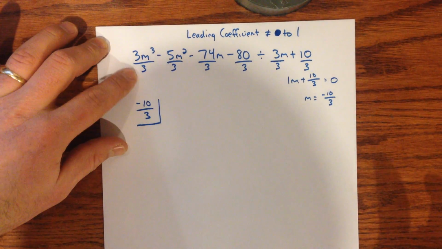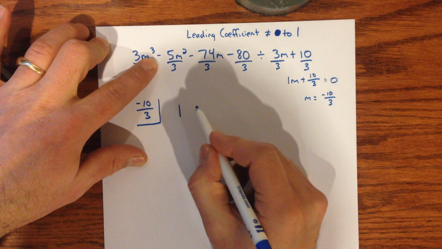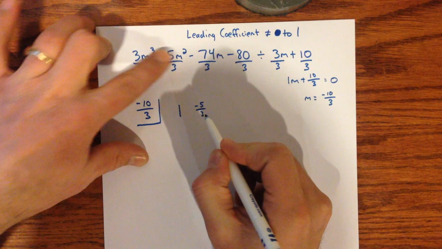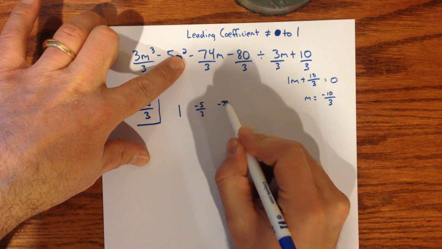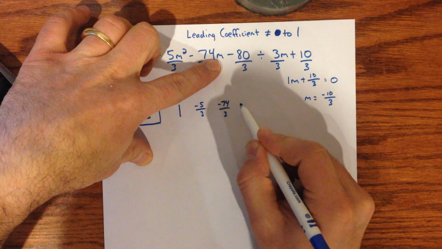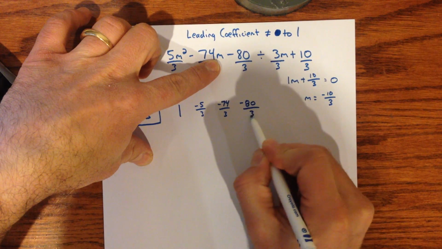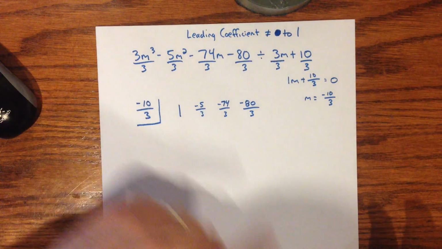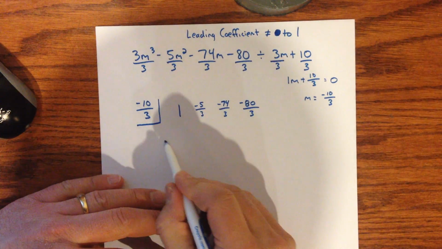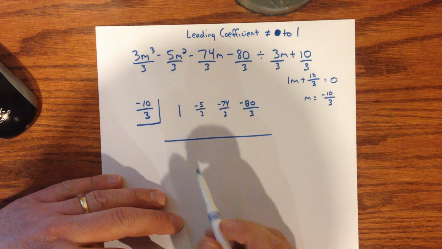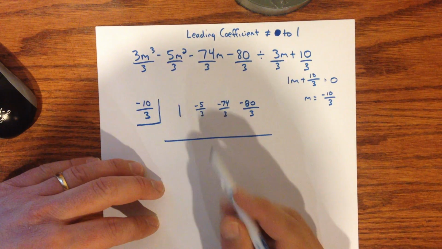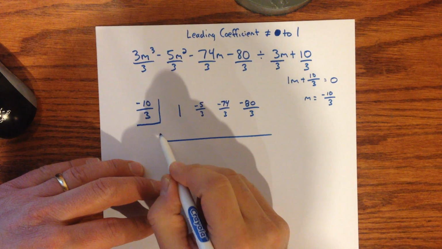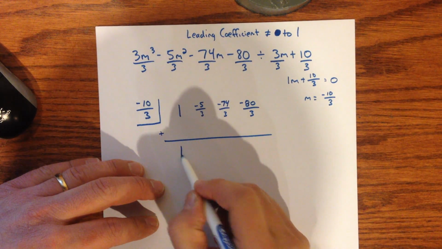And 3 divided by 3 is 1. Remember, we're going to write this as negative 5 thirds, negative 74 thirds, and negative 80 thirds. Our coefficients look a little different, but our end results usually come out in whole numbers. So if we just bring this down, we get a 1.